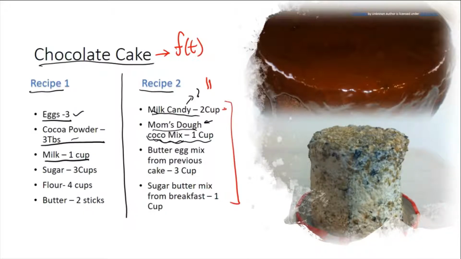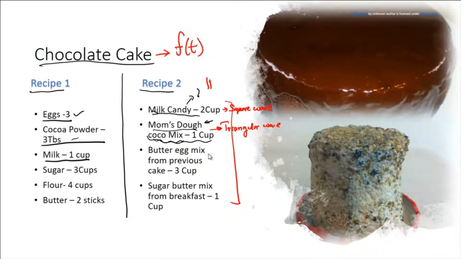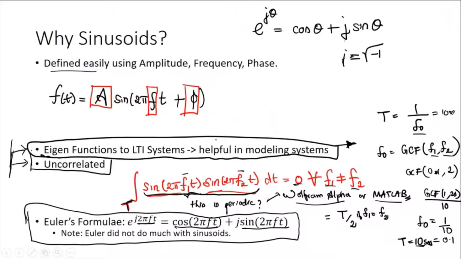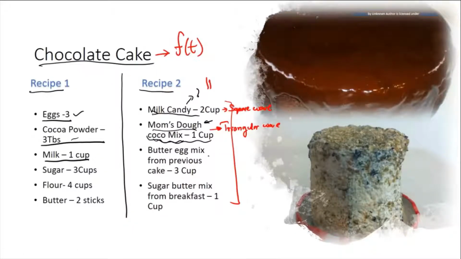So this is say a square wave, and probably this is say a triangular wave, and this is probably a DC function, and so on and so forth.